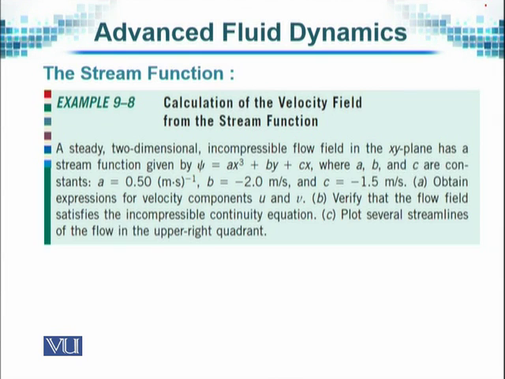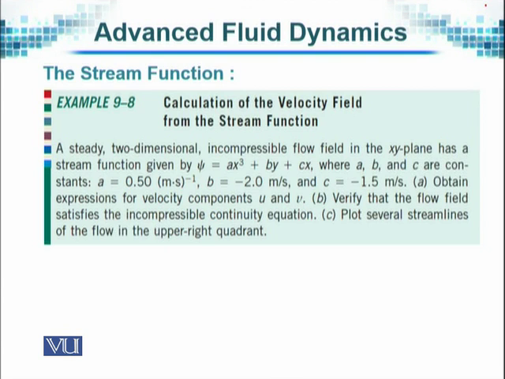We are required to verify that the flow field satisfies the incompressible continuity equation. Remember that these conditions, like incompressible or steady motion, have an important role to play, because if the motion is steady, we don't have to worry about the variation with time, and if it is incompressible, we don't have to worry about the variation of the density rho or the mass.